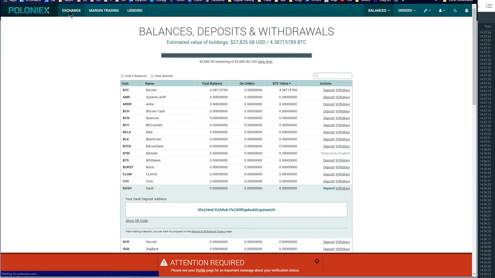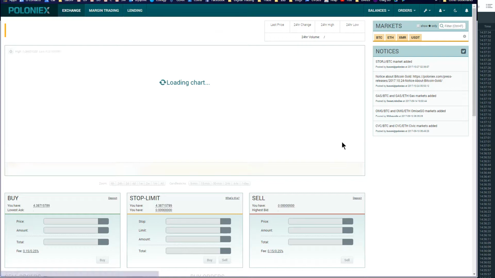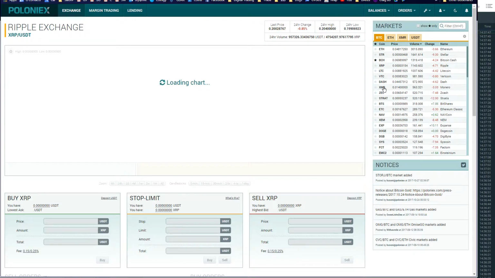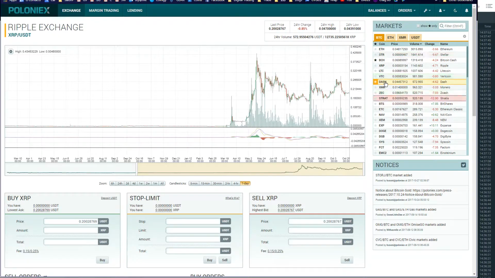Then when you go back to the exchange, you would have to click on Dash to see if you have any to choose from. So hang on, let it come up.